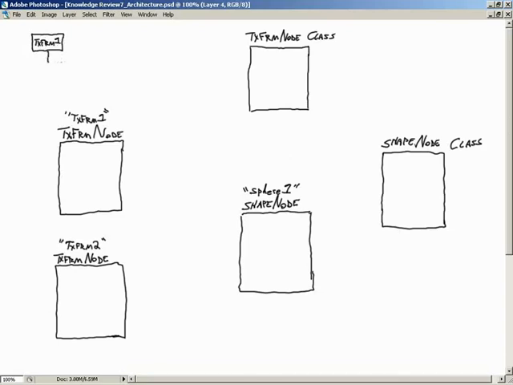Parented to him, we have TXFRM2, and let's just say that the sphere's transform node is transform 2. So I'll just do the little dashed lines. And so this is our sphere. So sphere 1.